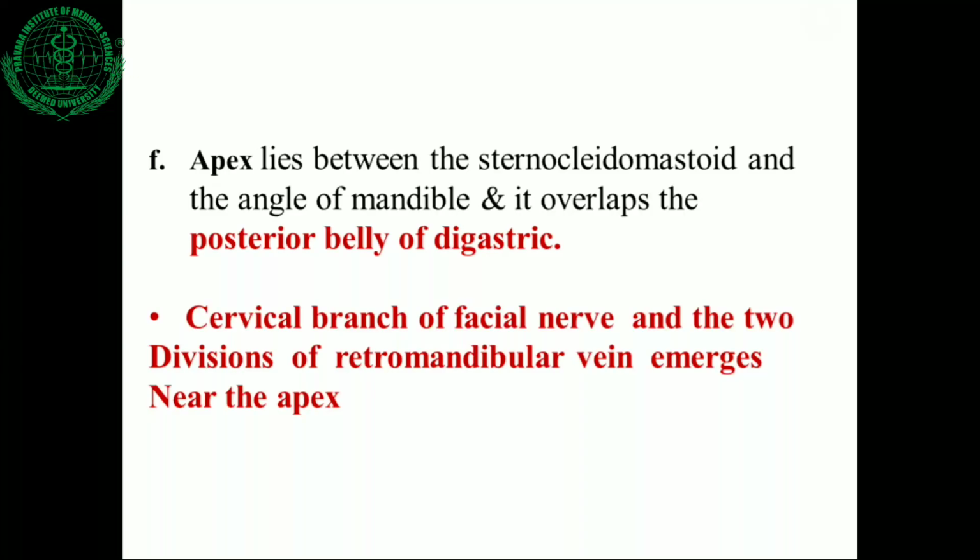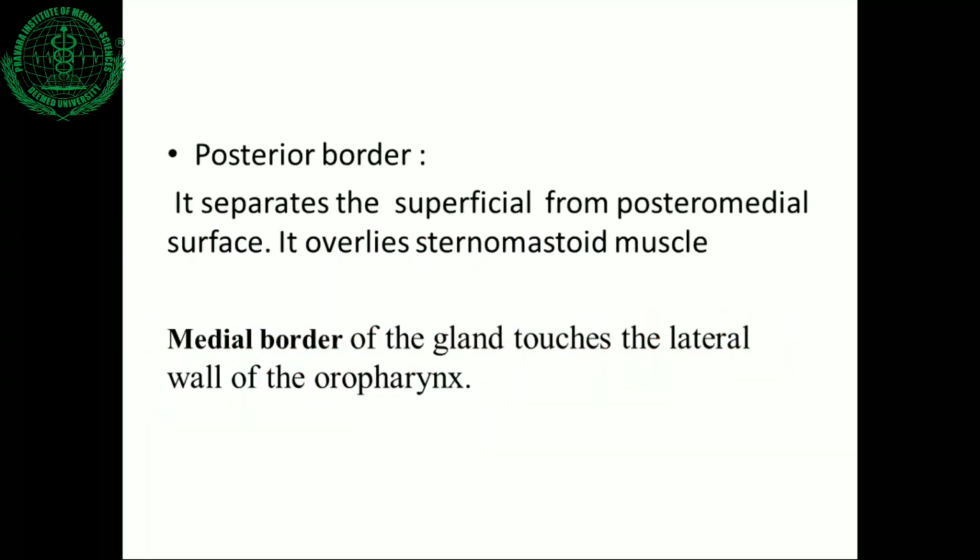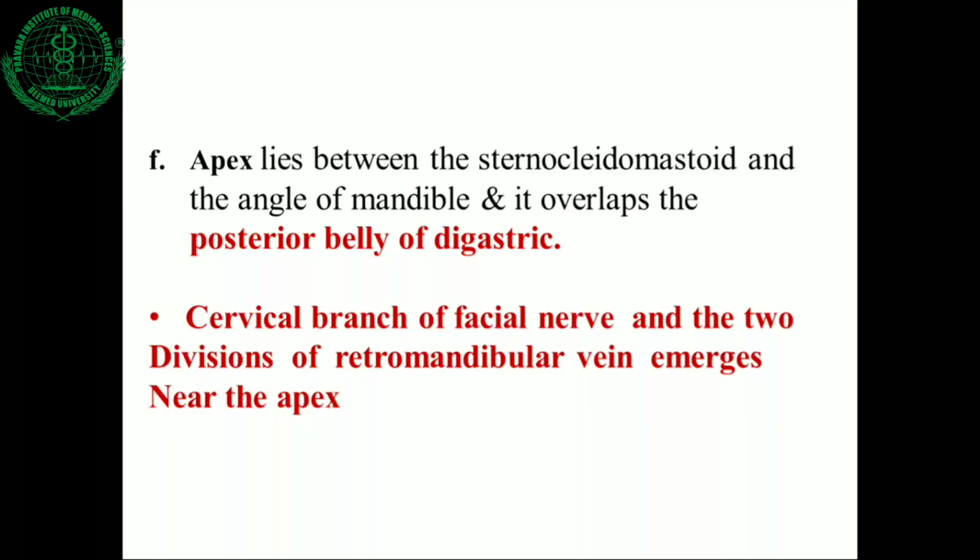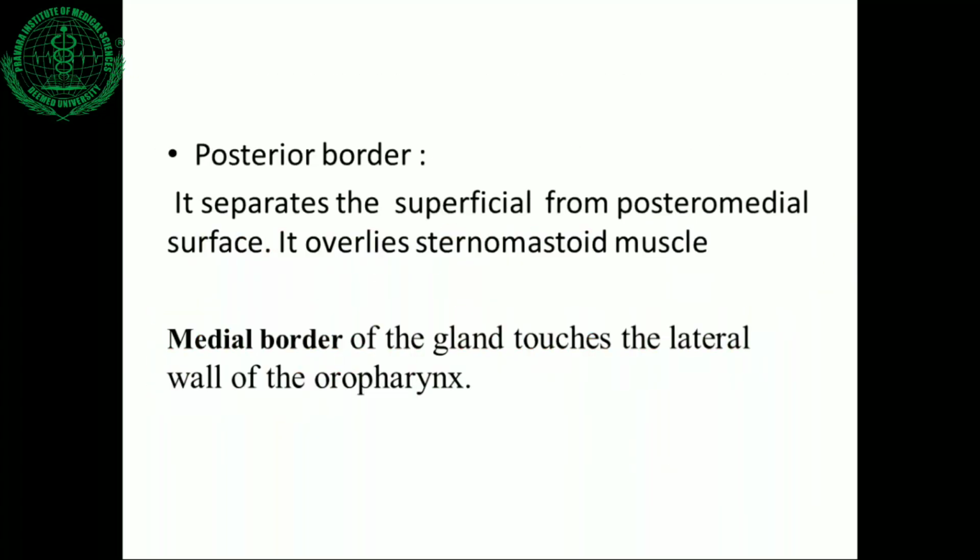The medial border of the parotid gland is also known as the pharyngeal border, because it touches the lateral wall of the oropharynx. So the medial border is also known as the pharyngeal border of the parotid gland.